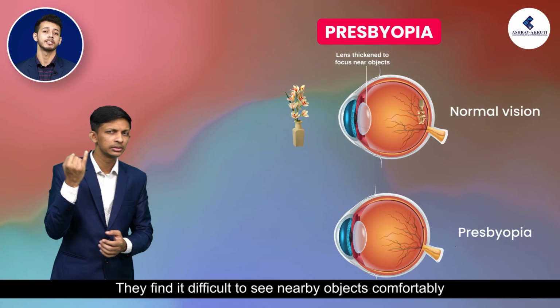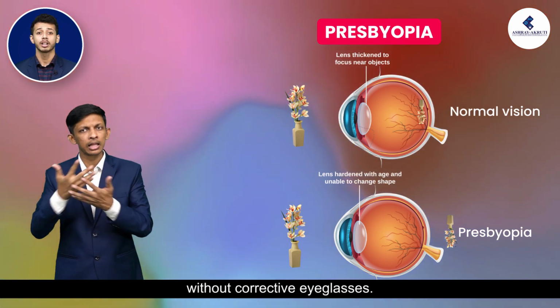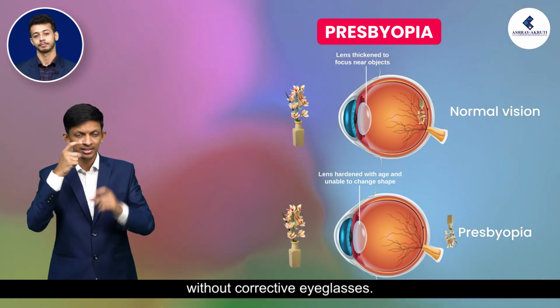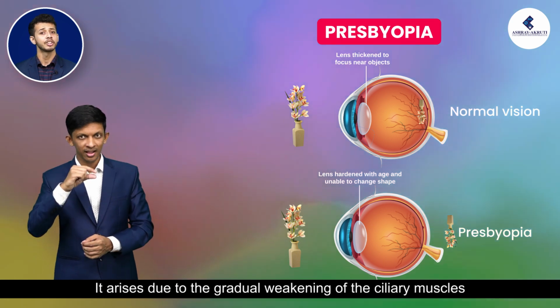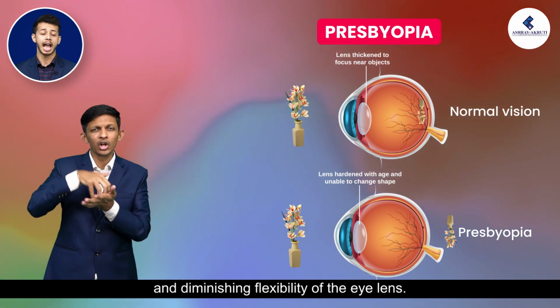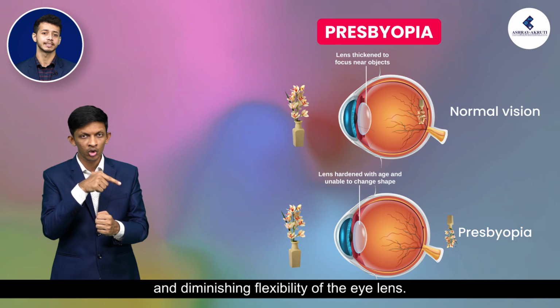They find it difficult to see nearby objects comfortably without corrective eyeglasses. It arises due to the gradual weakening of the ciliary muscles and diminishing flexibility of the eye lens.